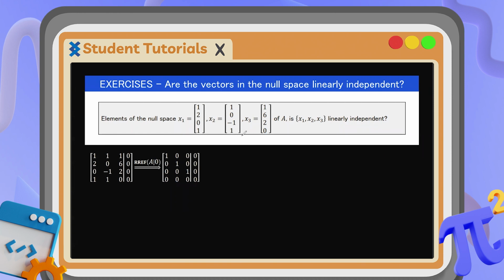As you can see, there is a consistent solution, and that solution is wherein the constants A is equal to 0, B is equal to 0, C is equal to 0, assuming that we're multiplying the matrix on the left-hand side of the augmented matrix with the constant matrix A, B, and C. And since all of them are 0, that means it is, in fact, linearly independent.